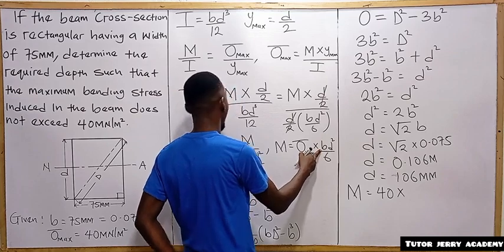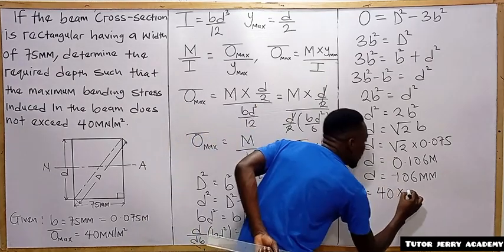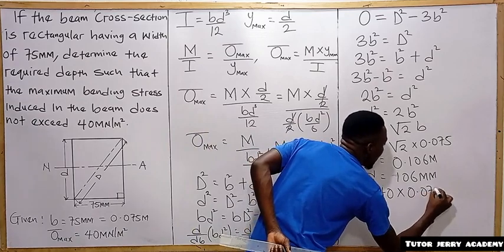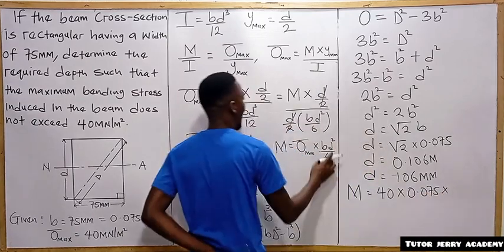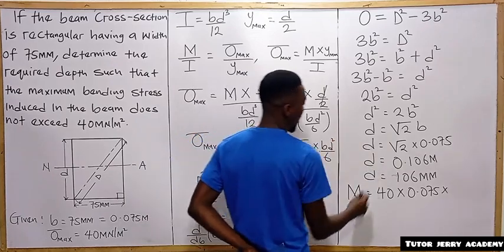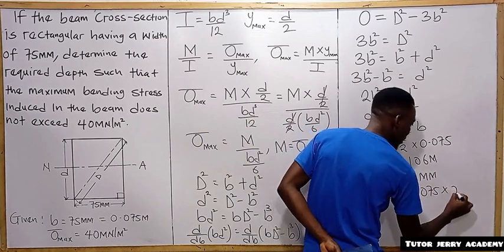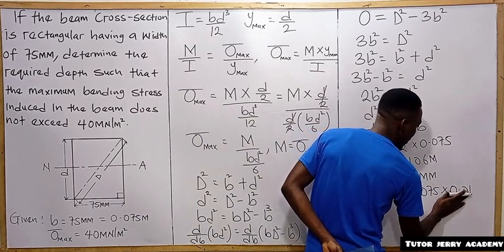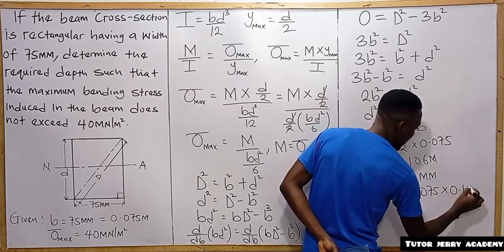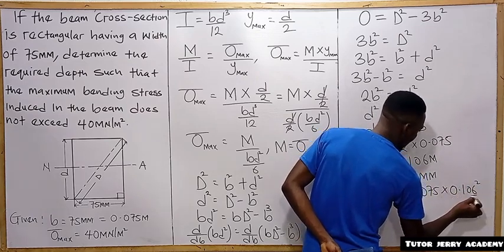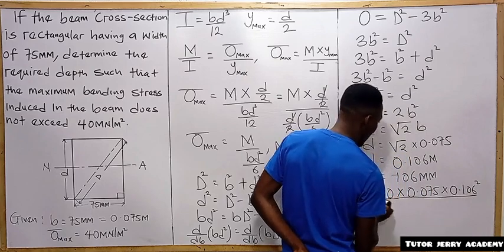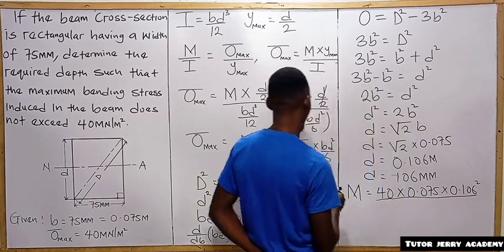Our base is given to us as 0.075, then multiplied by our depth, which we are using in meters, so this is going to be 0.106 squared, then divided by 6.